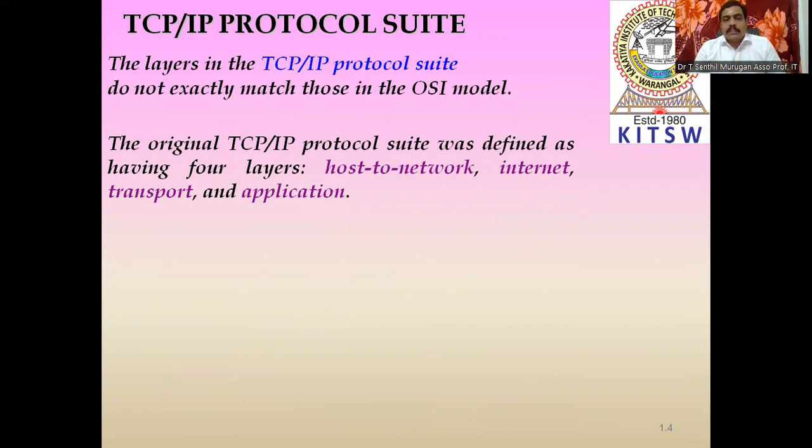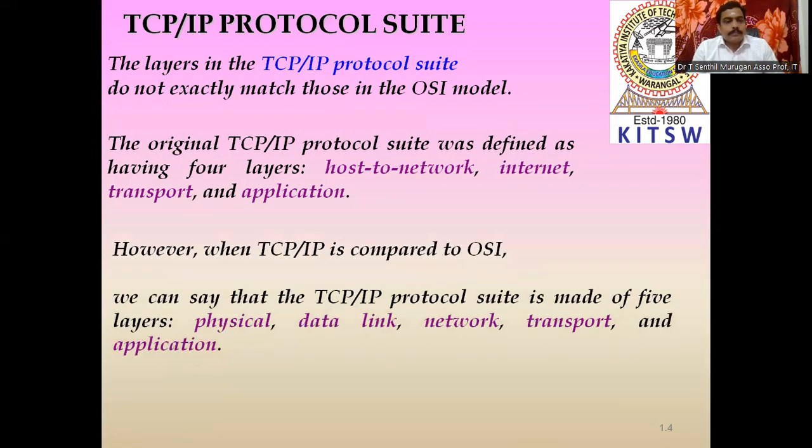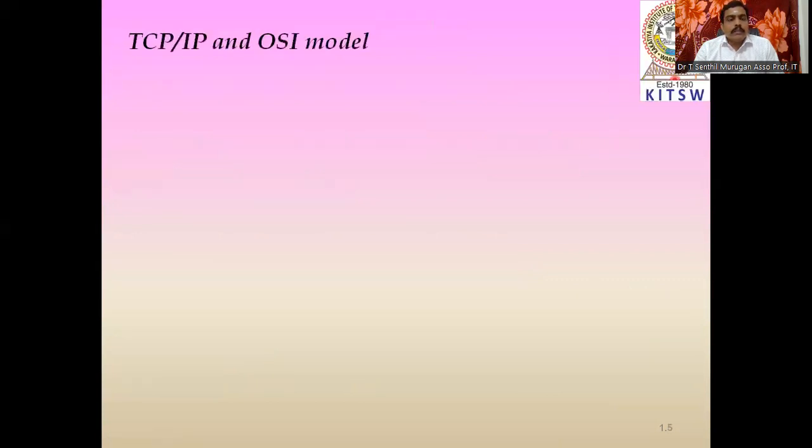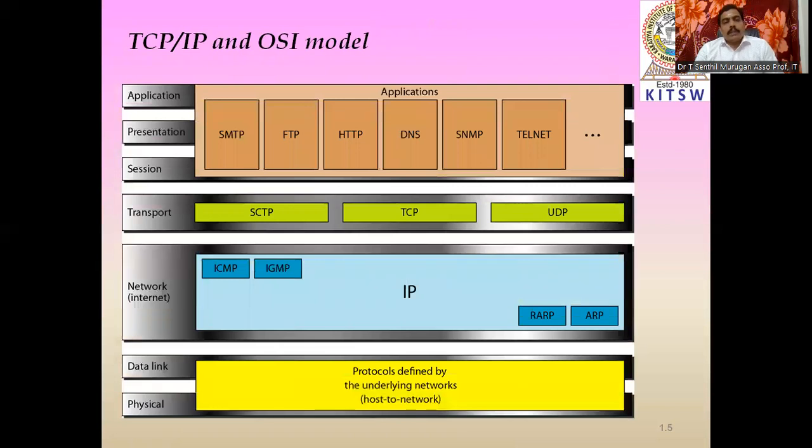This is the original TCP/IP. In original TCP/IP, only 4 layers are there. When TCP/IP is compared to OSI, we can say there are 5 layers: physical layer, data link layer, network layer, transport layer, and application layer. So this is the comparison model.